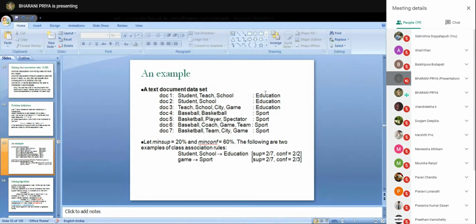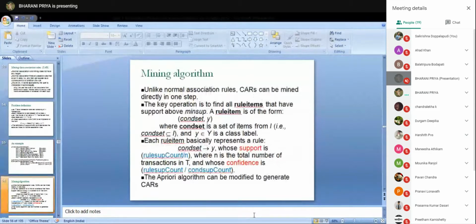Confidence is also 2/2. But in the game rule, game is there in 3 documents, that is document 6, document 7, and document 3. But the game association support is there in only 2 documents. So the confidence is 2/3. The key operation is to find the rule items that have support above the minimum support.